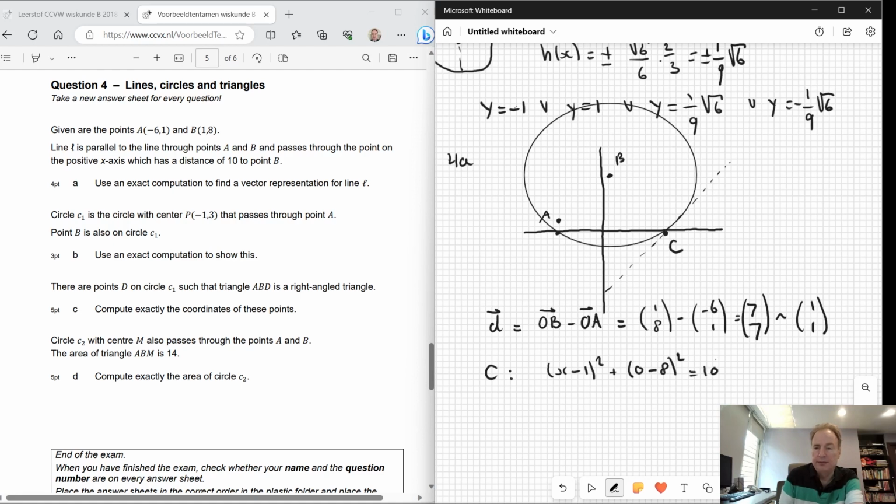That's the radius of the circle. So we get x squared minus 2x plus 1 plus 64 is 100. So x squared minus 2x plus 65, I subtract 100 from both sides, so minus 35 equals 0.